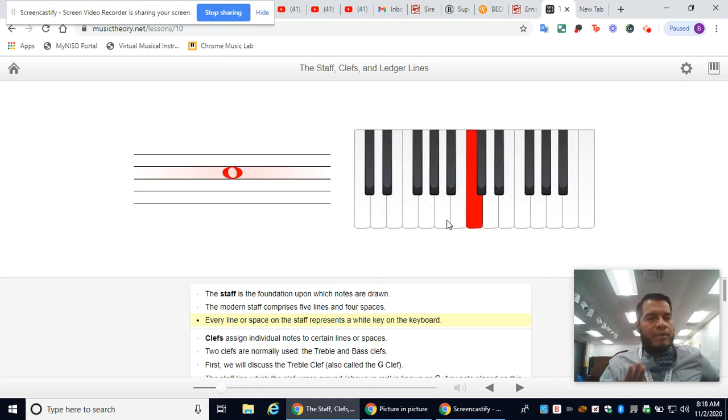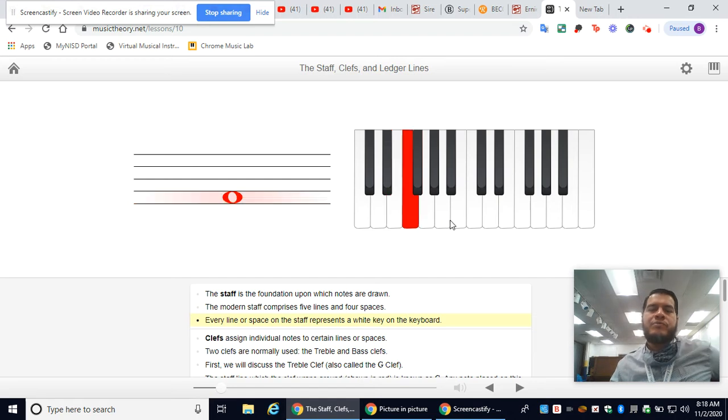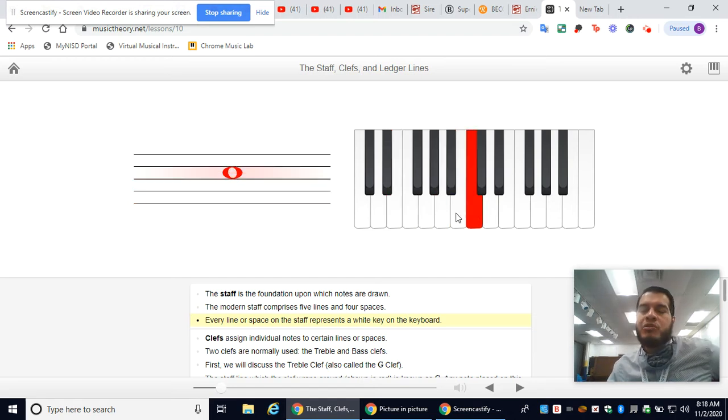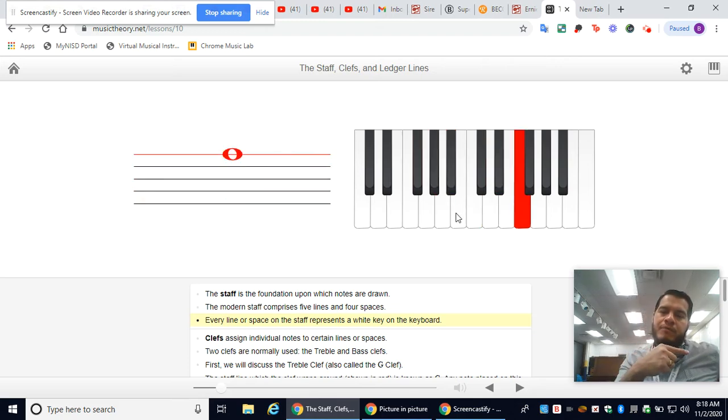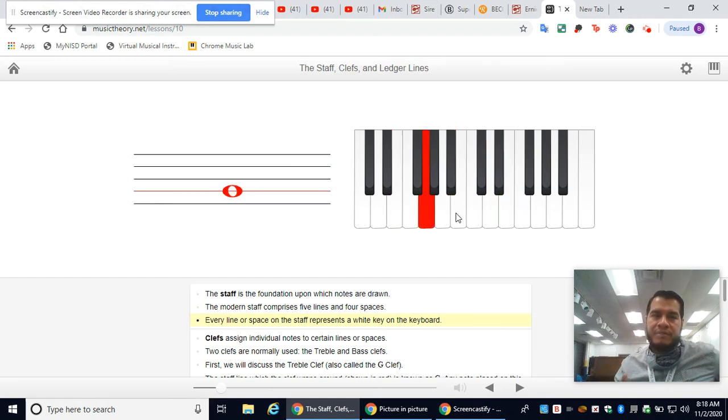And you don't have to worry about going to virtual musical instruments. This website is just teaching you the concept of, if you're lower on the staff, you're going to be more left on the piano, and therefore lower on the piano because the low keys are on the left.